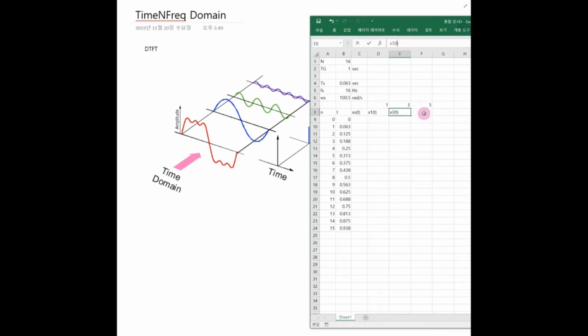The next one is x50(t), the fifth harmonic. To calculate that, I need to calculate the sine wave. I would like to plot this one.